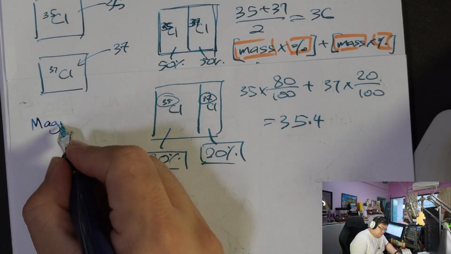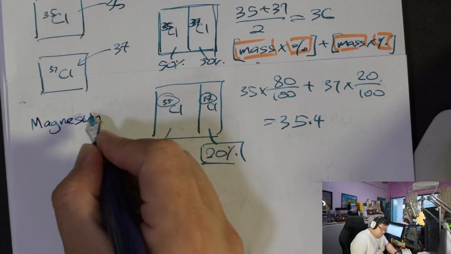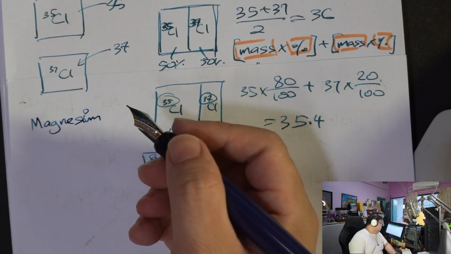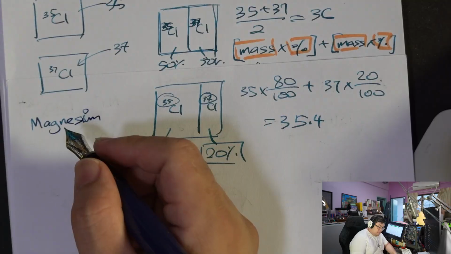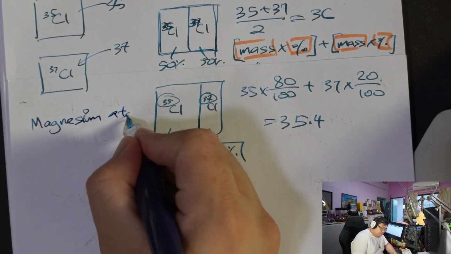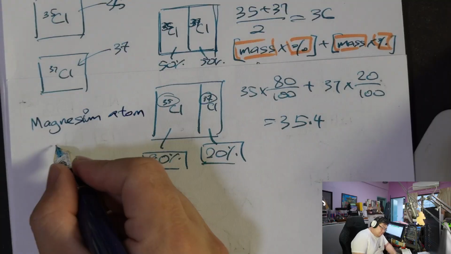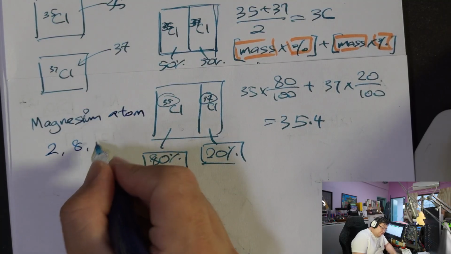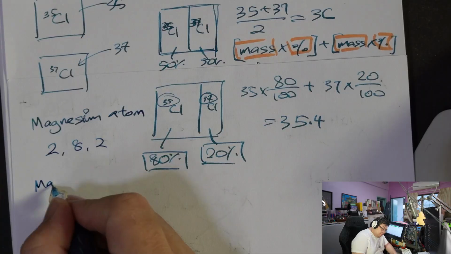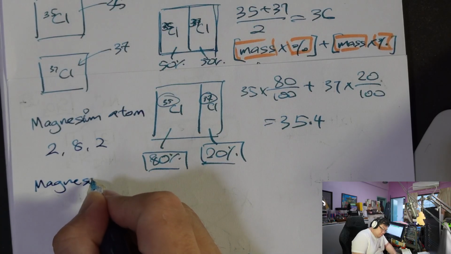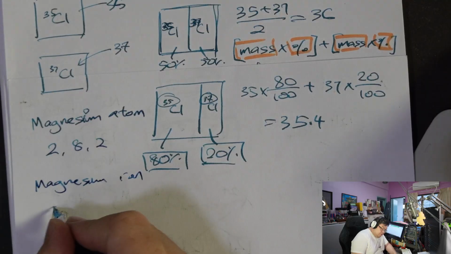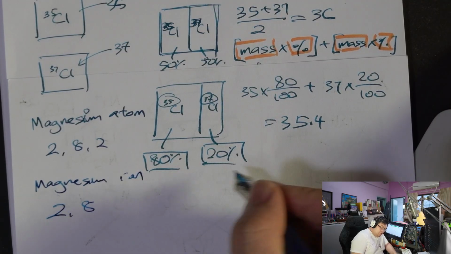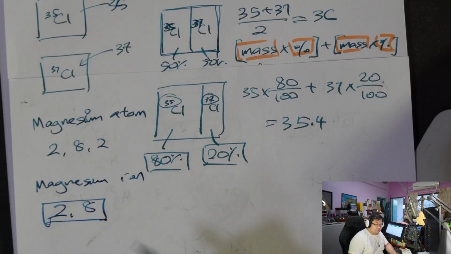Magnesium is 2-8. Magnesium atom. Then if it's magnesium ion, in this case, 2-8 is the same as neon. You're asked which one, when forming an ion, is not the same as neon.